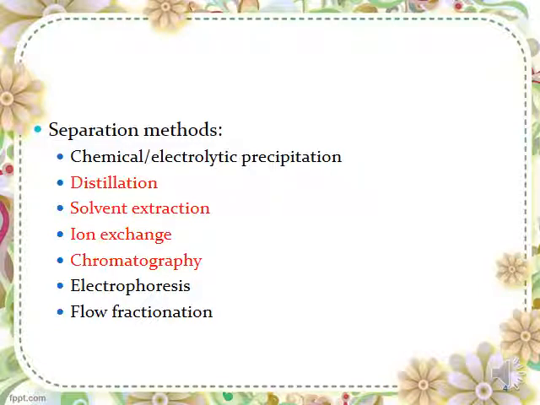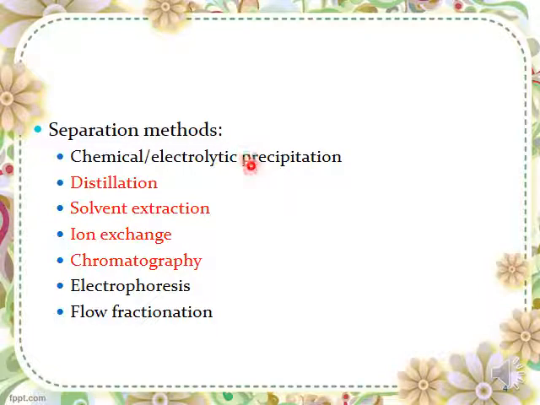So these are the different types of separation methods, depending on the analyte that is going to be separated from its mixture. The first type is chemical or electrolytic precipitation. Some analyte of interest can be separated from solution through precipitation, like what you have covered in learning unit 3.